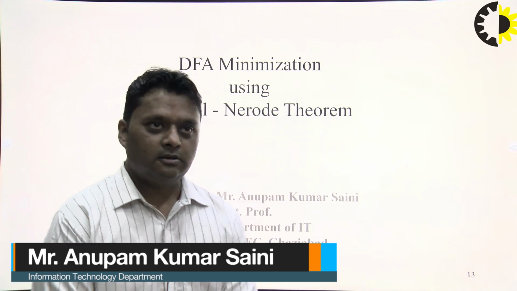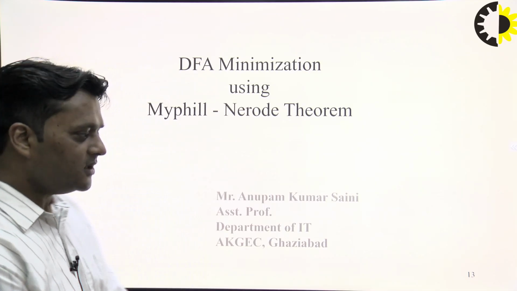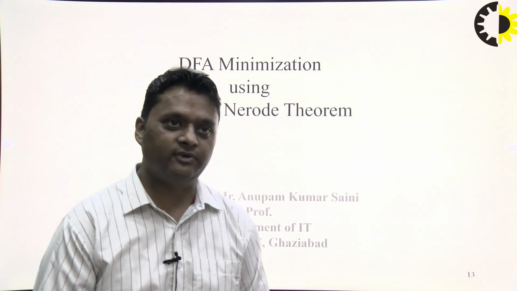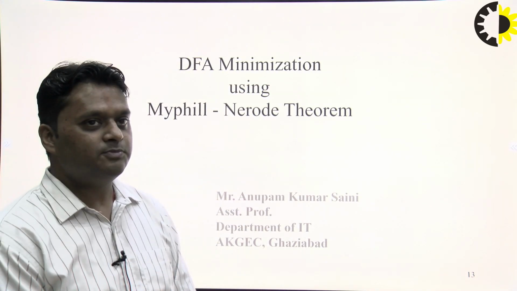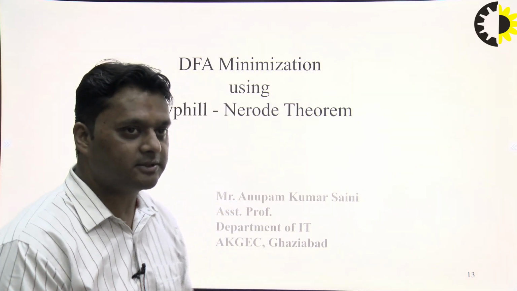Today I discuss minimization of DFA. There are various methods for minimization of DFA. One of the best methods is the Myhill-Nerod theorem, also known as the table filling method.